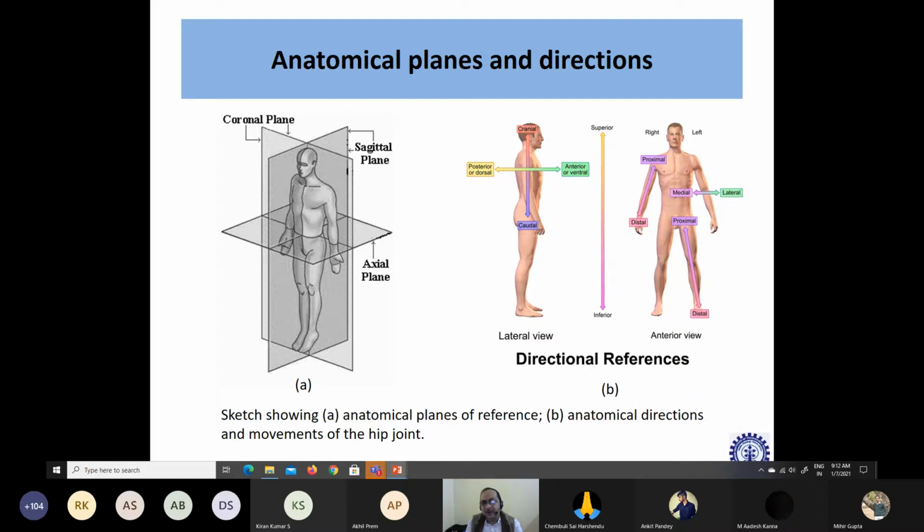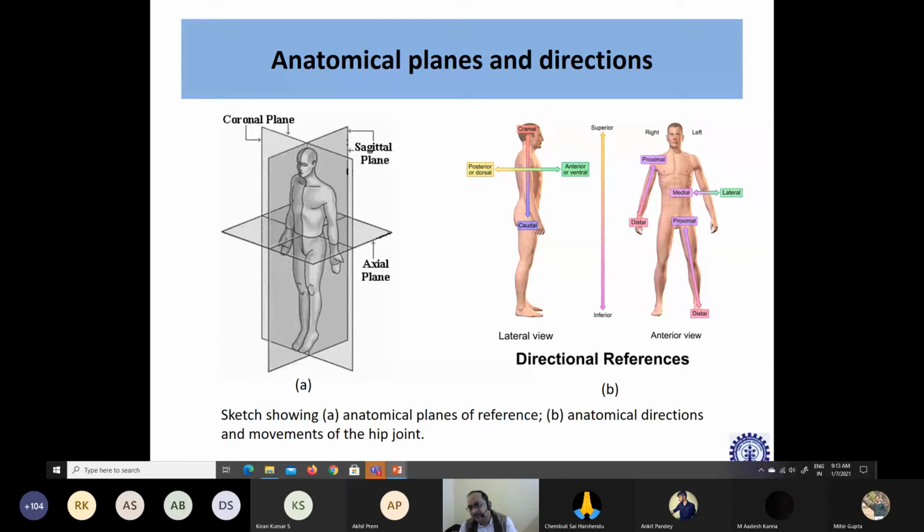Now, if we consider the front view, for example, in engineering terms of a body, then you can see that if you follow the arrow, the midline is located through the body this way. So it goes through the middle.